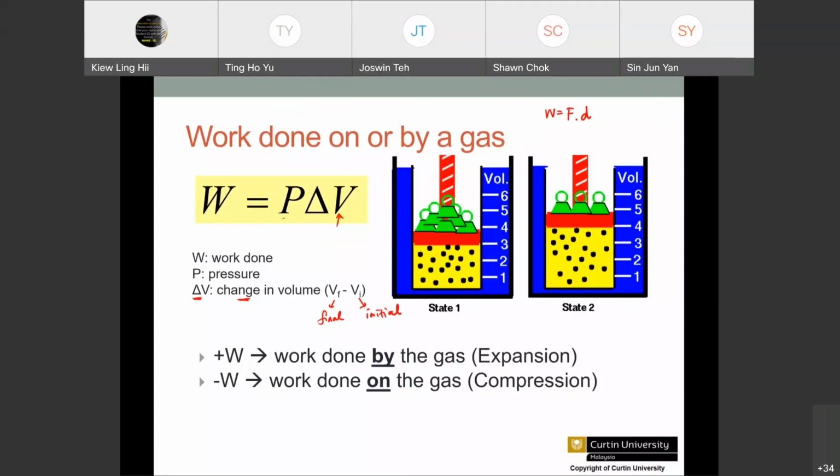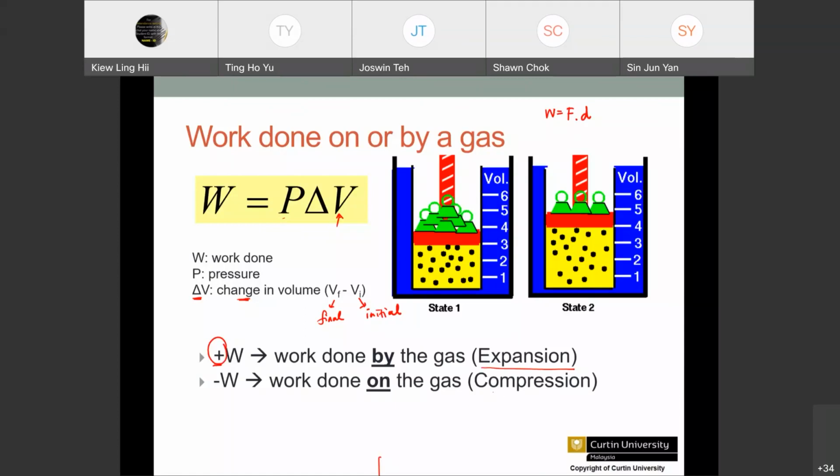For this one, there is a sign convention, in order for us to do calculation. The first sign convention is that when there is expansion, there is work done. Why? Because expansion means the work is done by the gas. The gas is doing the work. The gas has to push the piston for expansion. So the work is done by the gas, and the sign is positive because the gas is doing work.